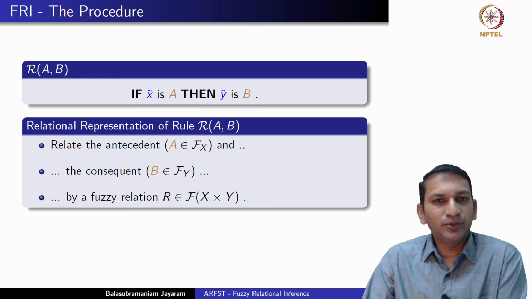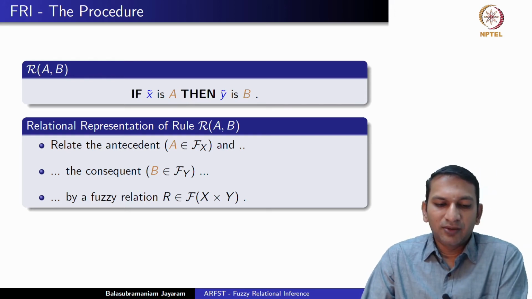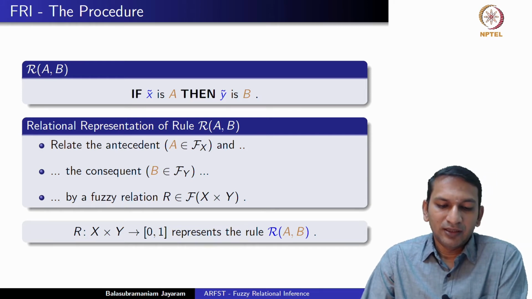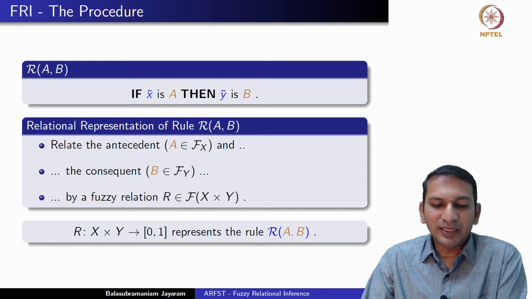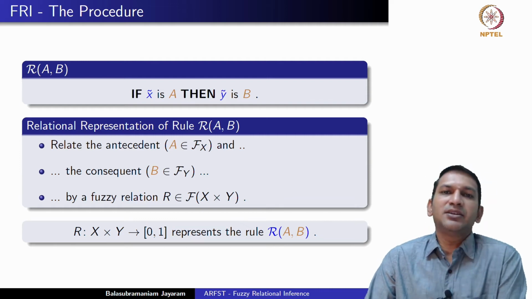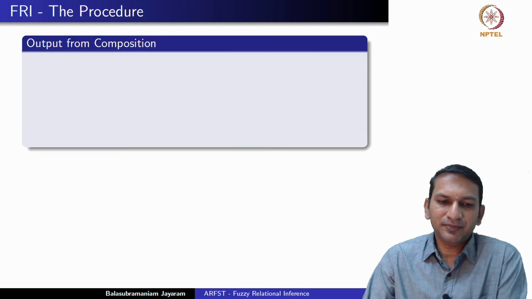Now, note that what we need actually is a fuzzy relation on X cross Y that represents the rule R of A comma B. This is what we want. So we encode the rule as a fuzzy relation.